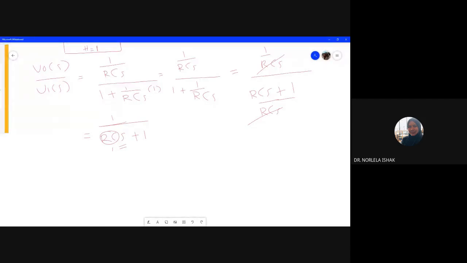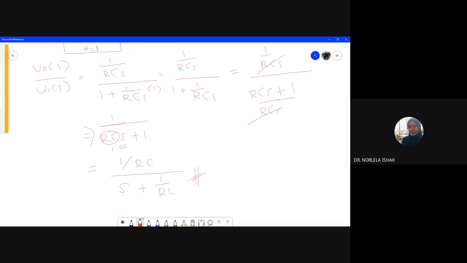Where were we? Okay, so from this equation, we have to simplify until we get the coefficient for S equal to 1. So from here we will get 1 over RC over S plus 1 over RC.